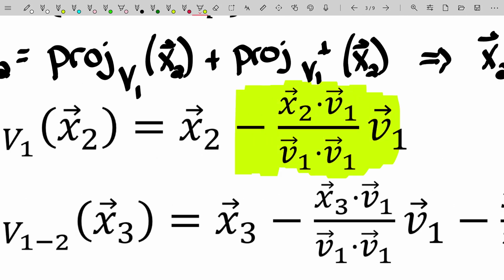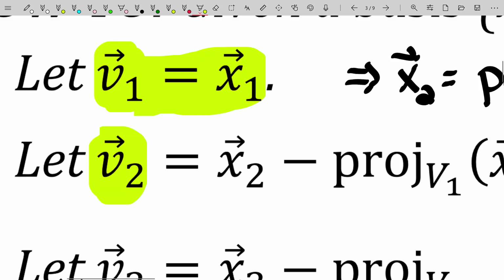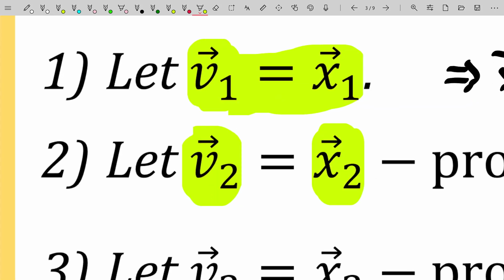And you should know that from our previous work in this course. So v sub 2 is x sub 2 minus the projection of x sub 2 on the vector space spanned by v sub 1. Great, so we have two orthogonal vectors so far, built from our first two vectors in our set that we were handed.